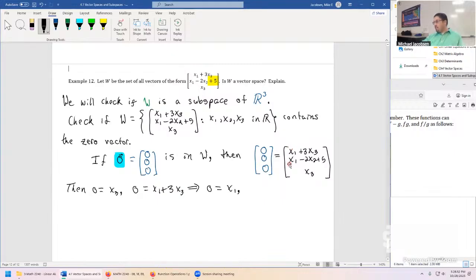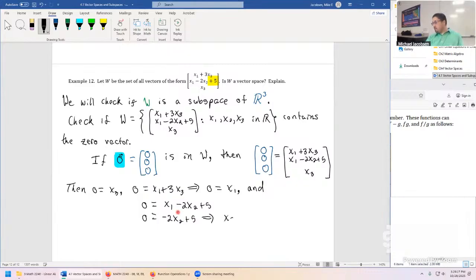So x1 is gone, x3 is gone, and what happens in row 2? We'll have 0 equals x1 minus 2x2 plus 5, but x1 went to 0, so now we have 0 equals negative 2x2 plus 5, and we could solve for x2 on this one.